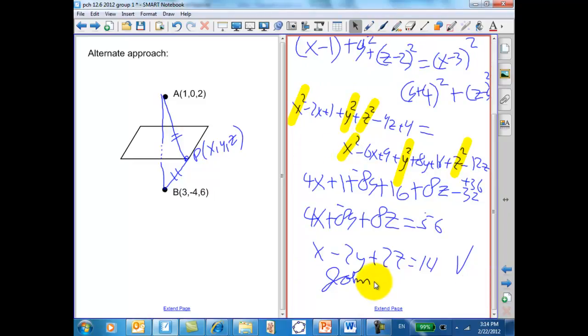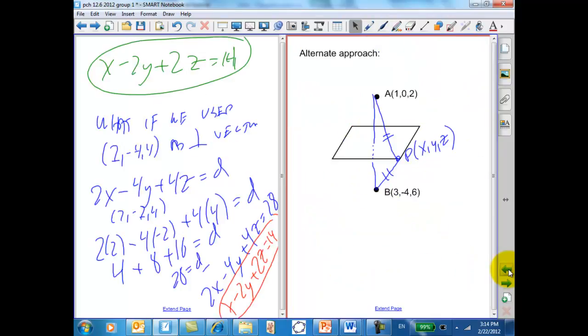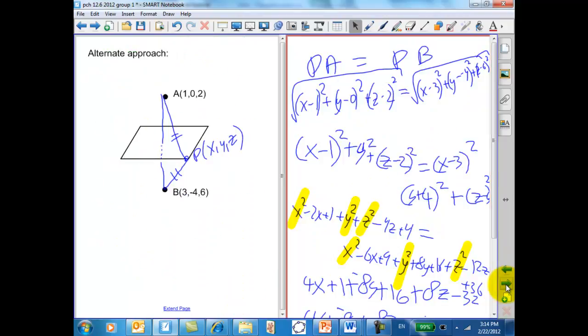He figured it out. As long as we get a consistent answer. Okay, fine. Does that check with the other one? Yes, it does.